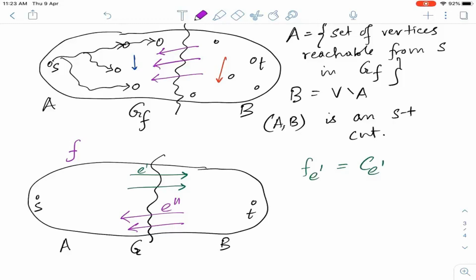Okay, so I claim that f of e double prime is equal to 0.